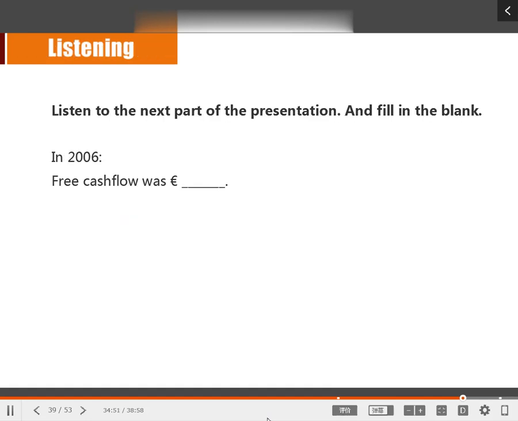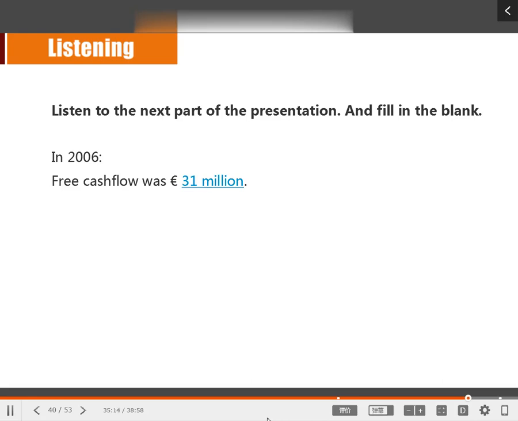Now here, let's listen to the next part of presentation and fill in the blanks. Ready? Here we go. Turning now to cash flow, our performance this year was very good. Free cash flow reached 31 million euros, which even beats our previous record of 29 million euros. Okay, now let's check your answers.